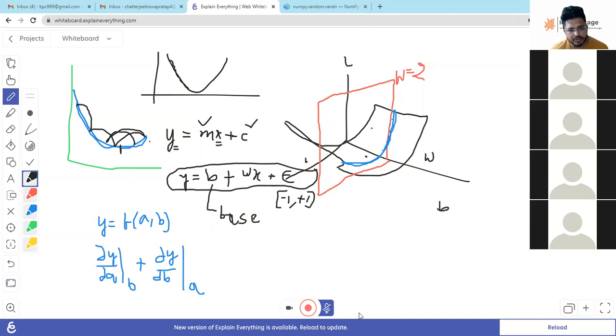What's more? Now we will talk about one more thing that is not directly related to what I said, but it is important, called scaling, standardizing or normalizing. Let me share the screen.